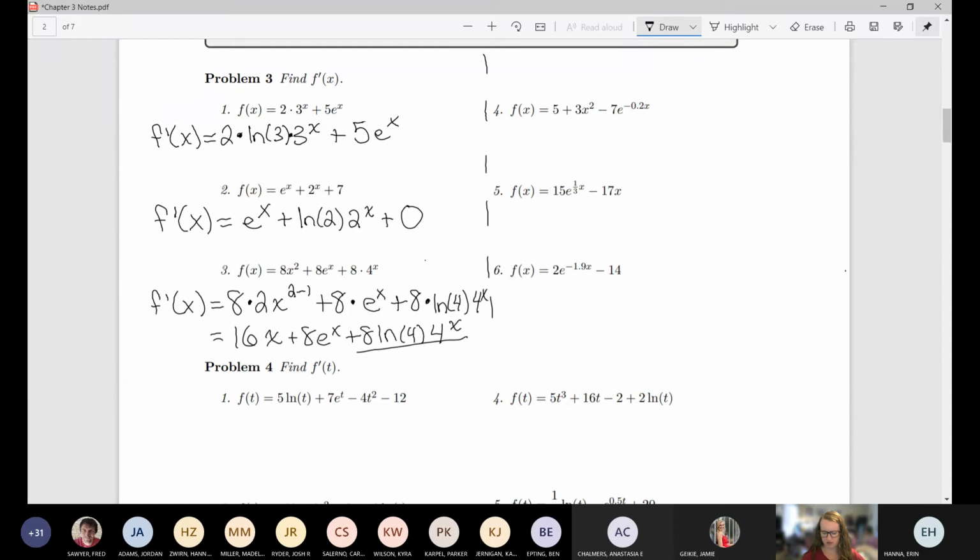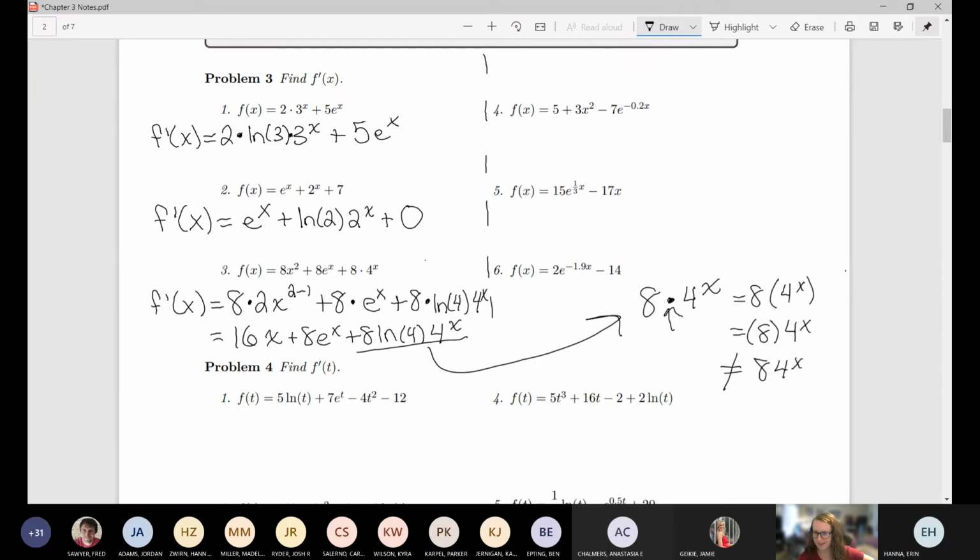Side note, if this was just 8 times 4 to the x, you could write it a couple different ways. You can either write a multiplication symbol, or you could put one of them in parentheses, whichever one floats your boat. Just make sure that you do not write it so that I think those are multiplied together and it's not just 84 to the x.